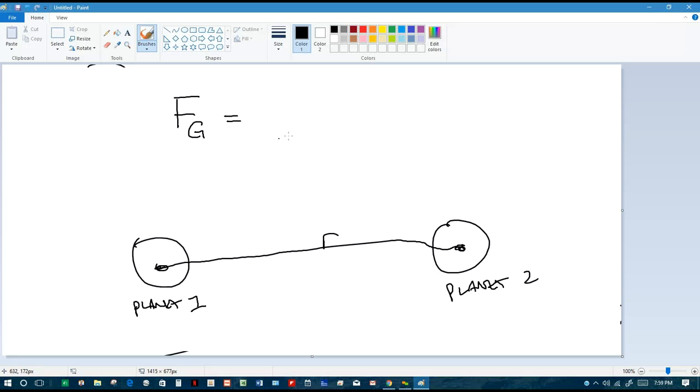Then, as you just told me, it has to be in the denominator, right? Because they're inversely proportional. More distance between the planets, less force. It ends up being a square, and this idea is called the inverse square law.